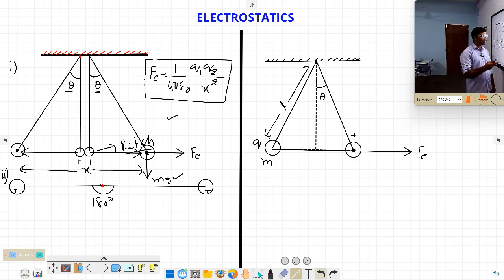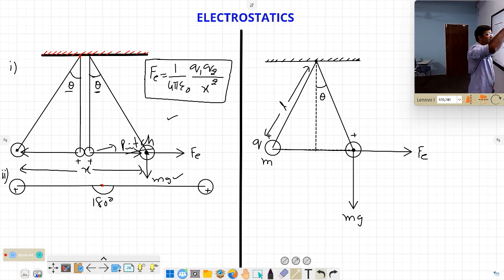Next, according to gravity, since we are doing this experiment on the earth, a gravitational force acts on the body. The weight acts in the downward direction. So two forces are acting, Fe and mg. At the same time, along the string there is a tension.